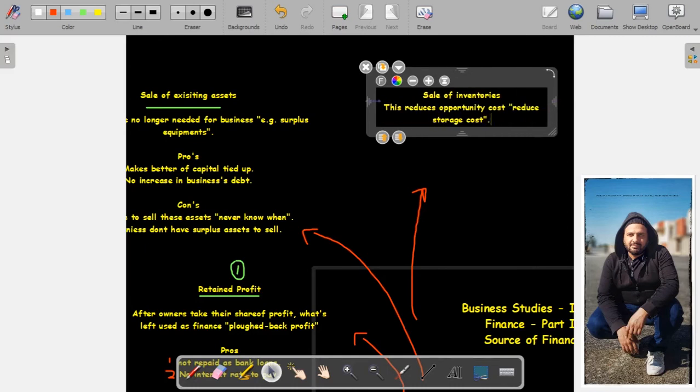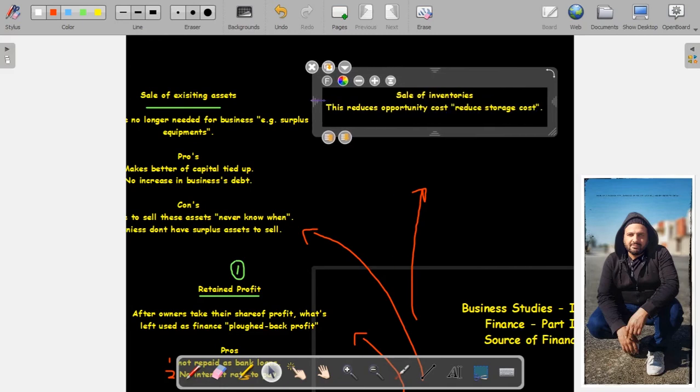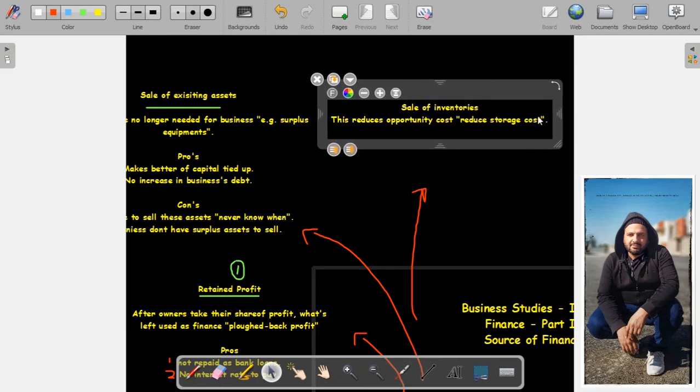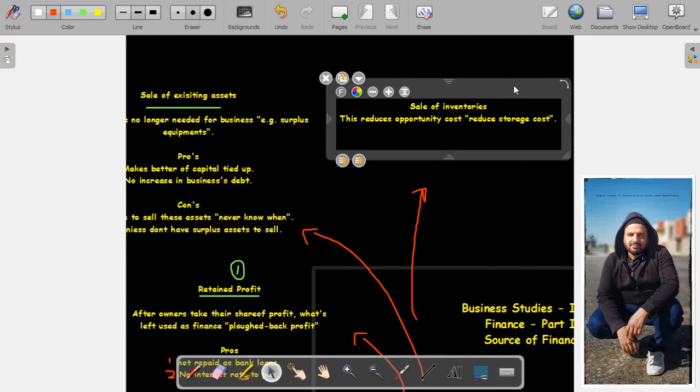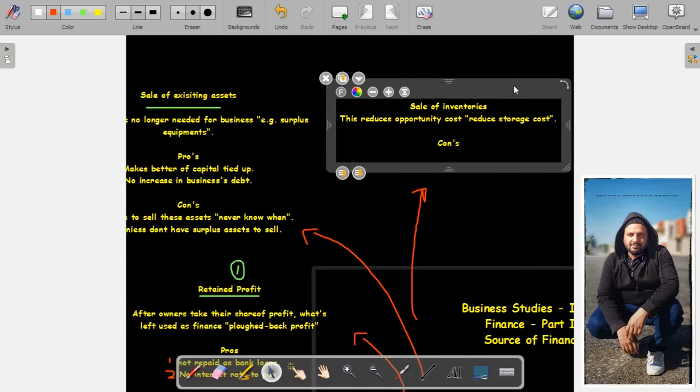Say that you have extra inventory that you don't need, so you can benefit by selling these available inventories. But there's one thing to keep in mind as a disadvantage: sometimes if you are not careful about reducing the inventory level, you might end up with unhappy customers because there's not enough goods to be sold.